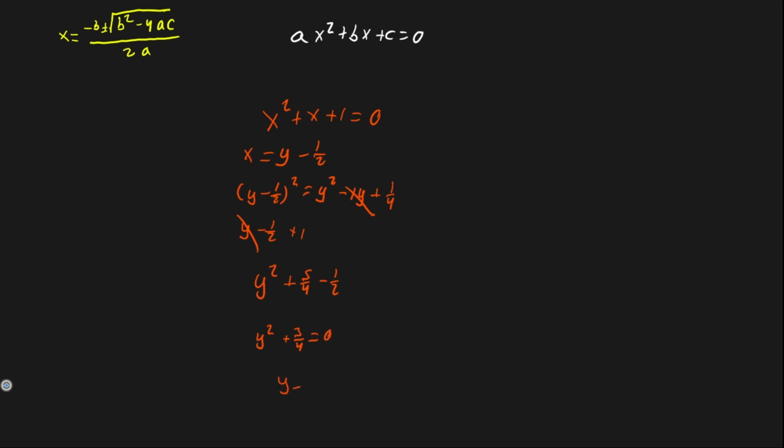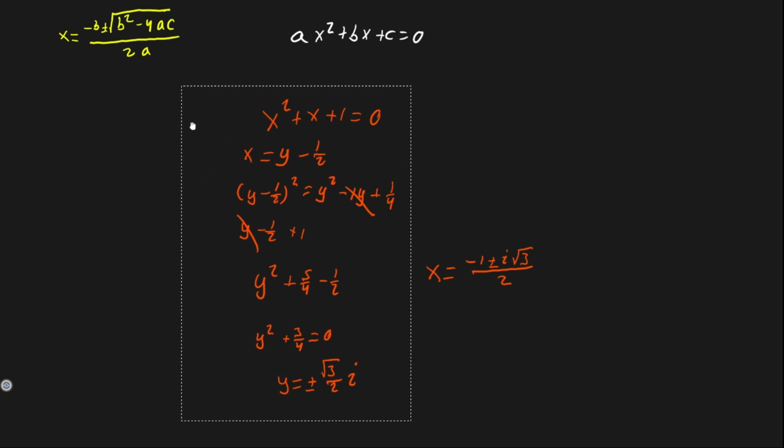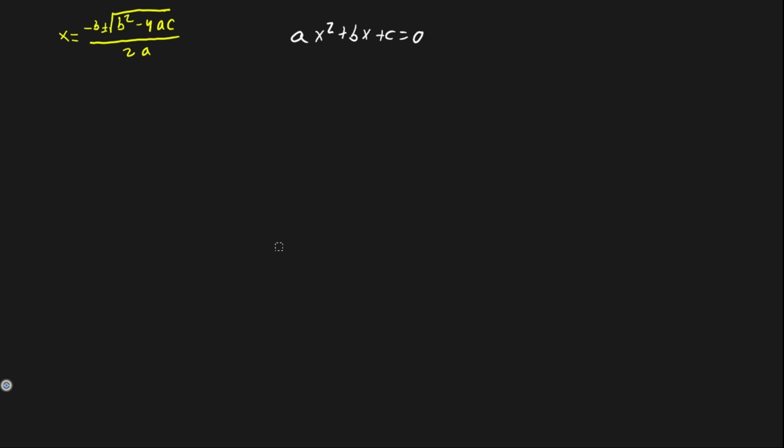And we're going to get y is equal to plus or minus root 3 over 2i, where we can replace y and it will give us x is equal to -1 plus or minus i root 3 over 2. And it takes some time to work around fractions, but if you understand how to convert fractions into numbers and numbers into fractions, then this method could be quite easy.